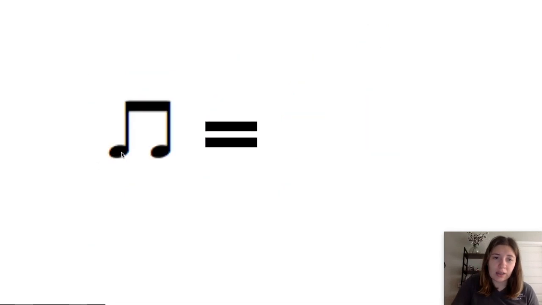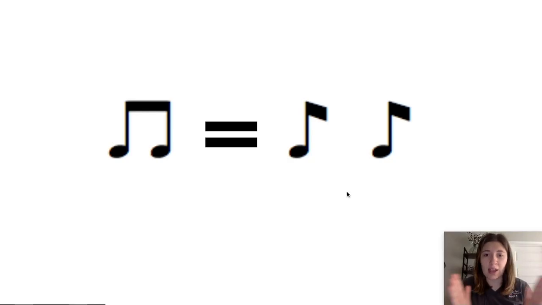Toddy normally looks like this, 2 eighth notes that are connected. But to show our pickup notes, we're going to break the toddy apart, break the eighth notes. So now we have one dot, one stem, and a little flag at the top. So they're the same thing, just one is connected and the other is not.